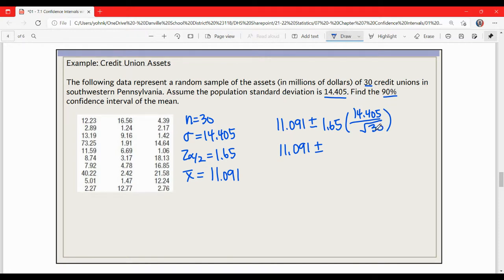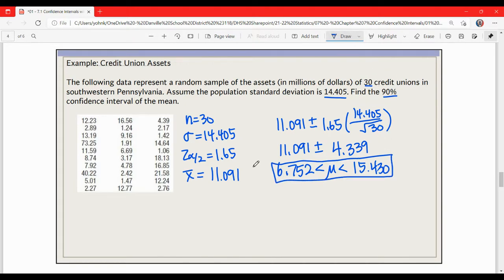I need 3 decimals because it's one more than the data. So 4.339. So if I do 11.091 minus 4.339, I get 6.752 is less than the population mean, is less than, and then if I add the two numbers together, 15.430.